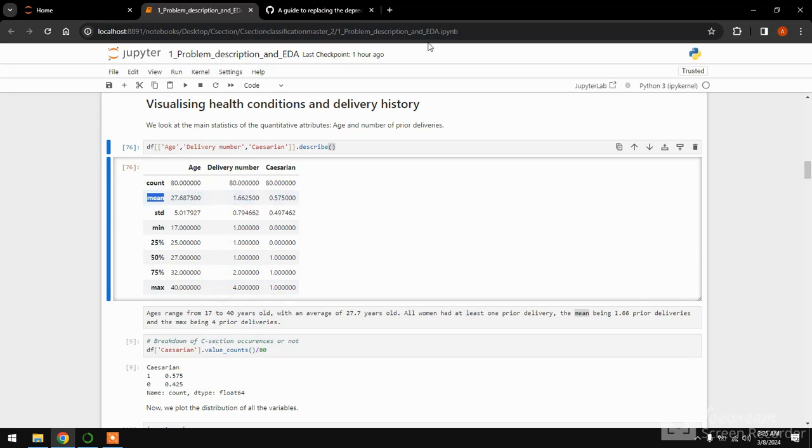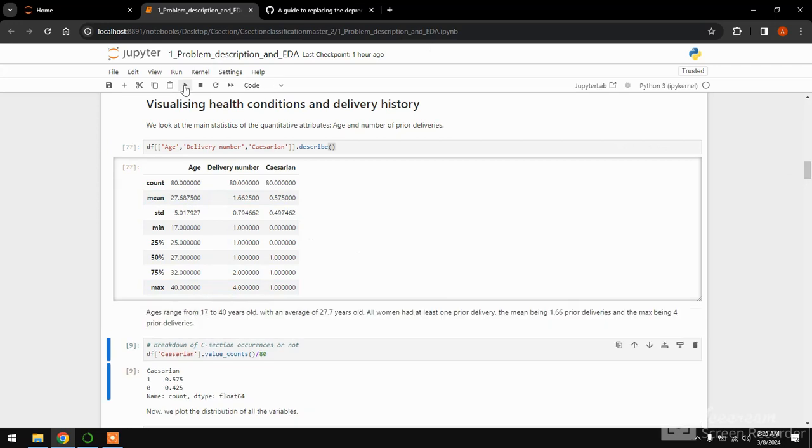Now, as you can see, we are dividing the value of C-section by 80. If you ask how many of them had a C-section birth, we say 50, and then divide by 80, and that gives us a certain value.